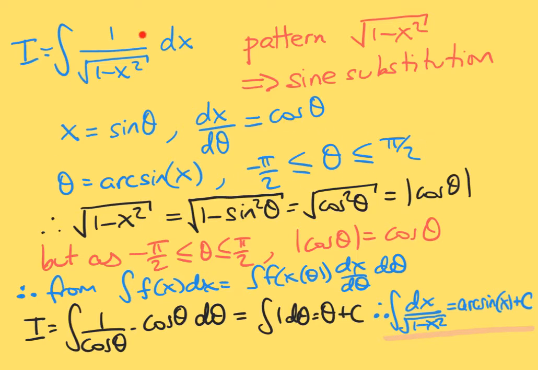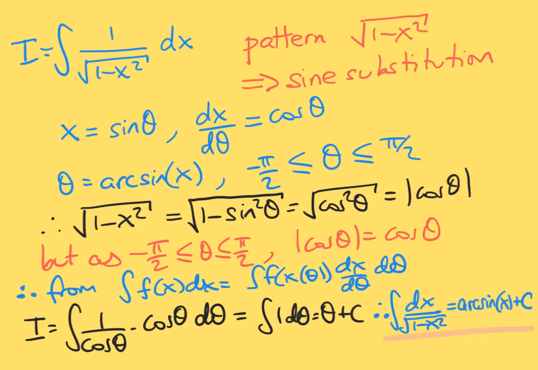Now, we want to rewrite the integrand in terms of theta. So the square root of 1 minus x squared is the square root of 1 minus sine squared theta. So it's the square root of cos squared theta. That is the modulus function. So it's equal to the modulus of the cosine of theta.